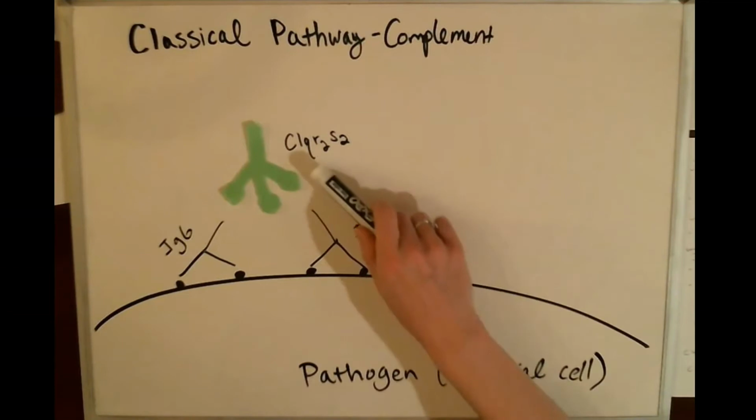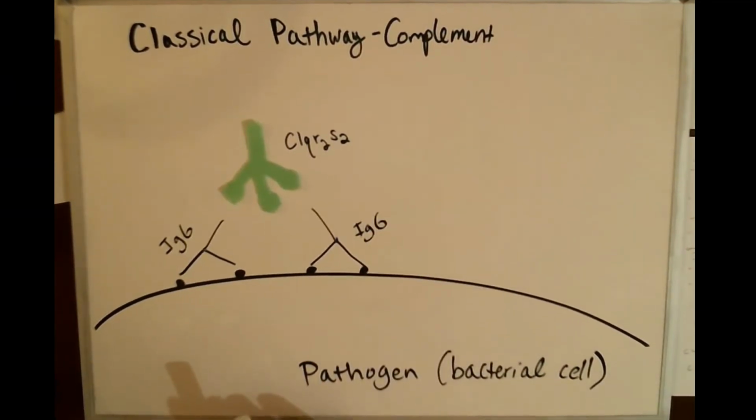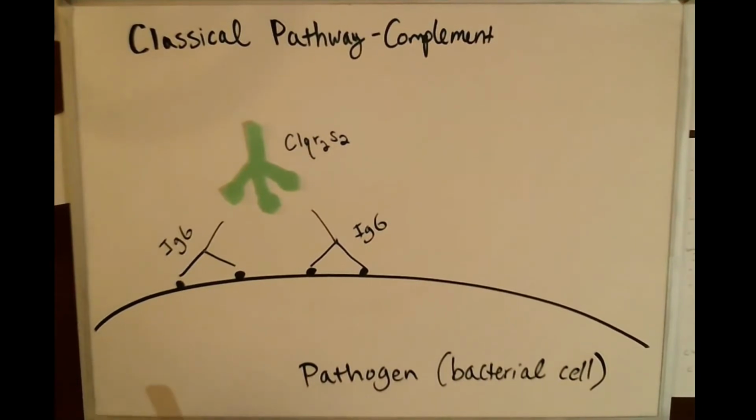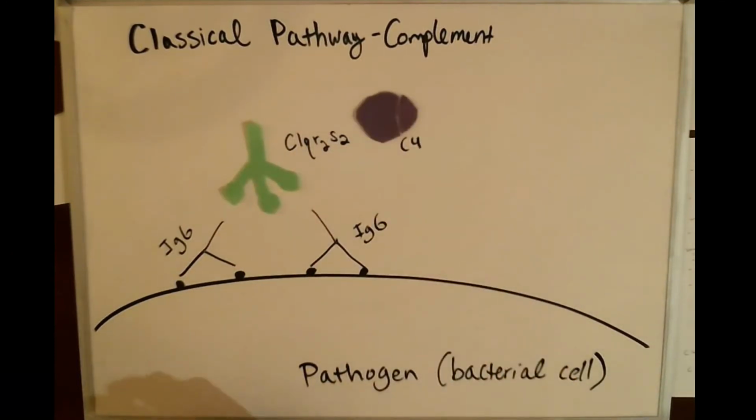So once this complex has protease activity activated, the first thing that's going to happen in our cascade is a complement protein called C4 is going to be acted on. So here's C4, it's going to bind near C1q r2 s2, our initiator protein. And what's going to happen then is C4 is going to be cleaved into 2 different subunits.